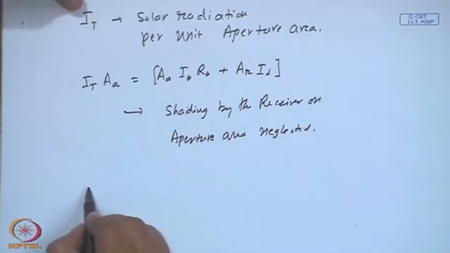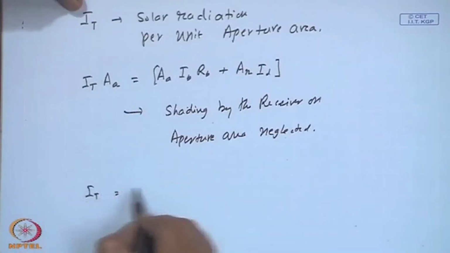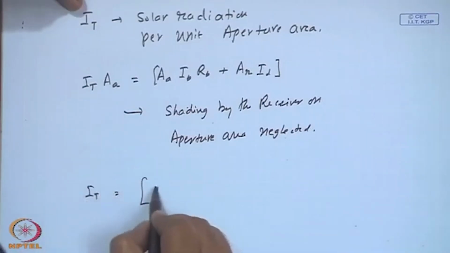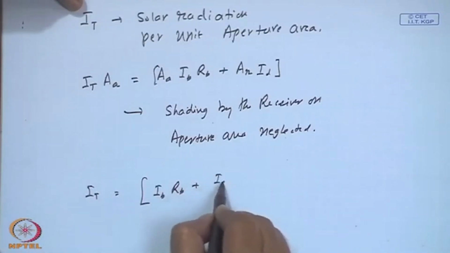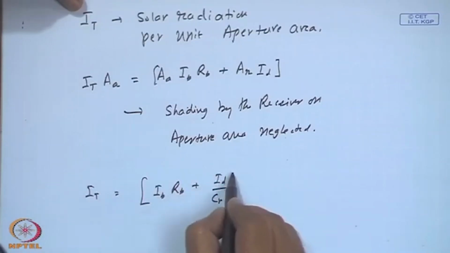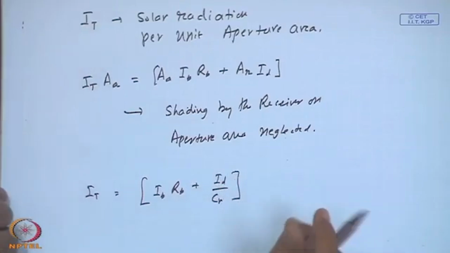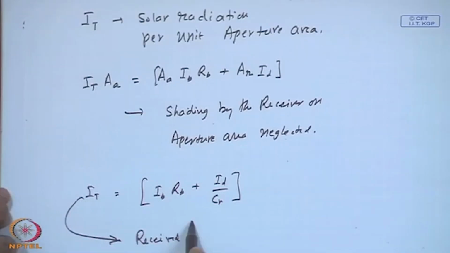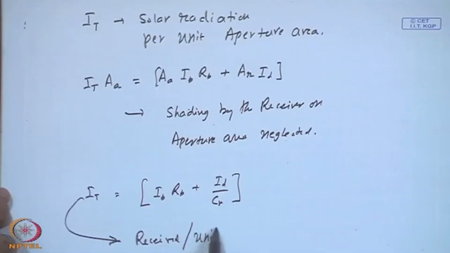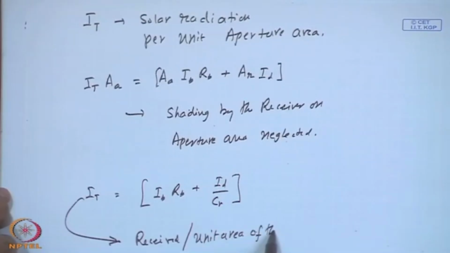So, consequently, IT should be equal to IBRB plus ID upon CR. That is the radiation received per unit area of the aperture.